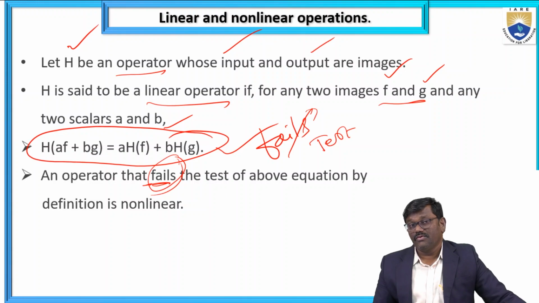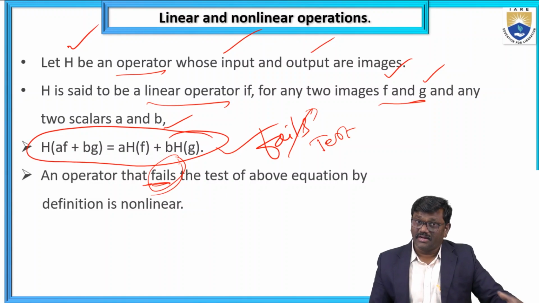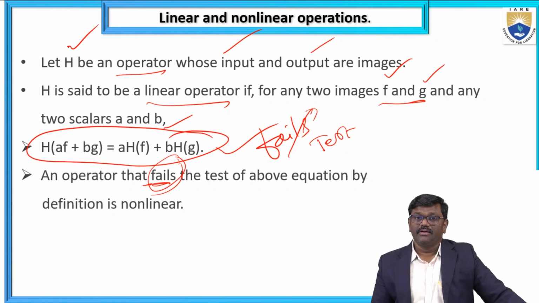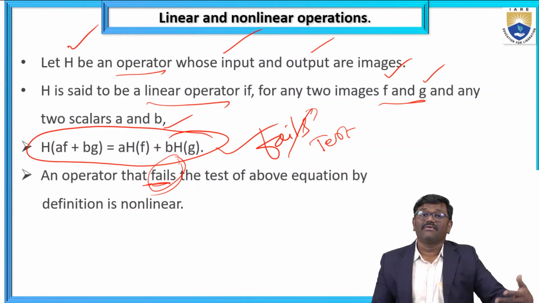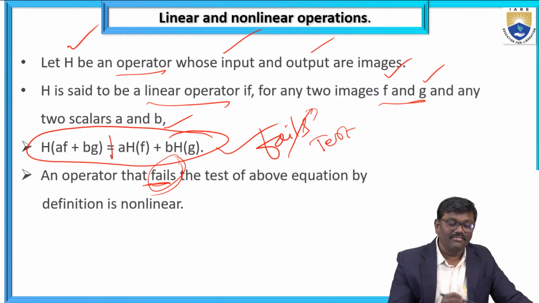What are those images? We call them F and G. These two images which we are applying with the help of this convolution equation, if this condition is not satisfied, it fails that condition, then automatically we can define that the equation becomes non-linear. That means simply we can say not equal.